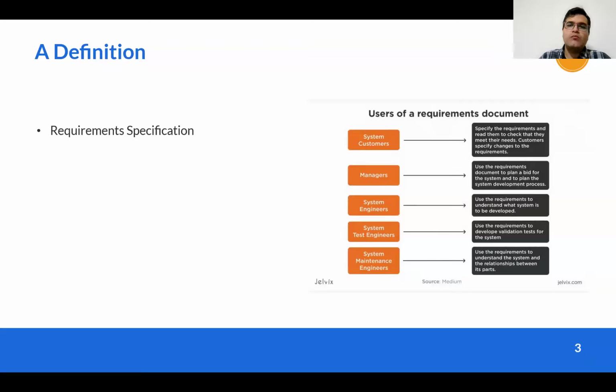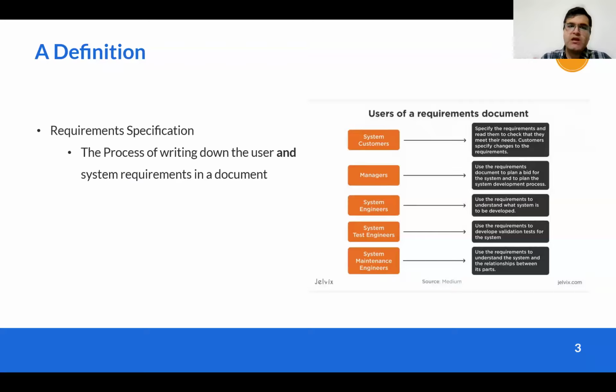So what is requirements specification? You're specifying requirements. Sounds obvious, but just to make it clear, requirement specification is the process in which you write down what the user and the system will need.